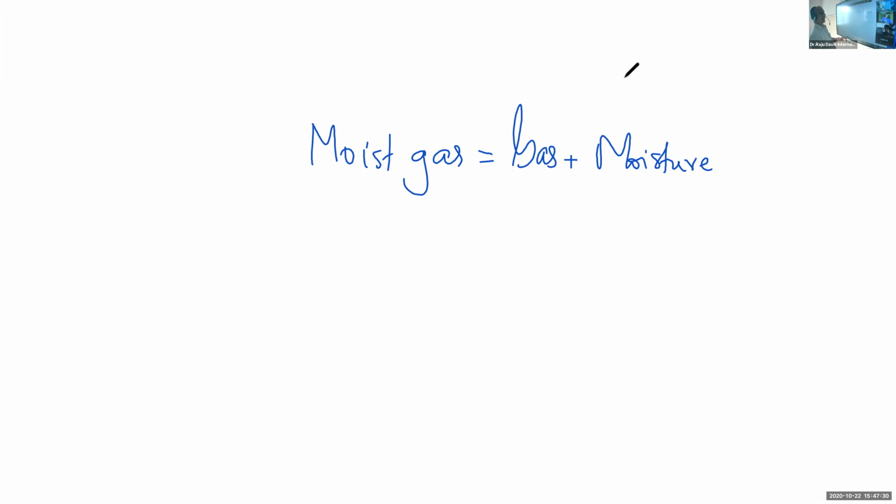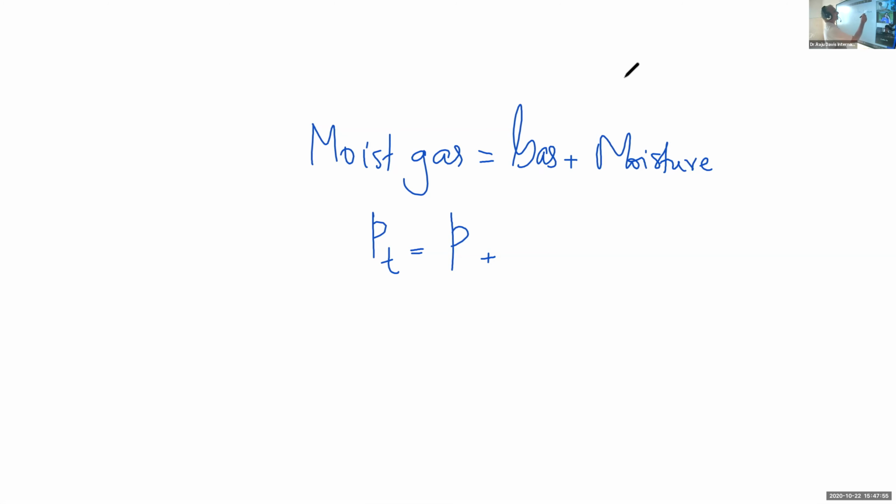So in the moist gas, the total pressure of the moist gas, that is PT, is equal to the sum of the partial pressure of a dry gas P, and the partial pressure due to moisture.